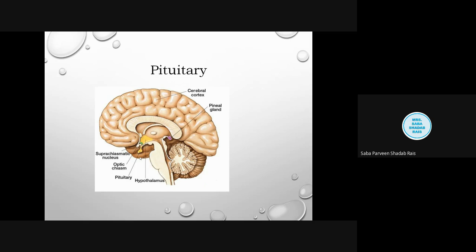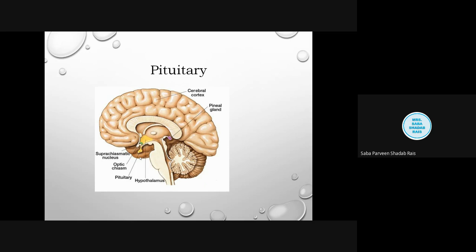Now we know about the sphenoid bone, that it is present at the floor of our brain, or you can say the skull. Inside that sphenoid bone, there is one cavity. That cavity is named sella turcica, and inside it the pituitary gland is placed. When you observe it, you will find that it is a very small round body.